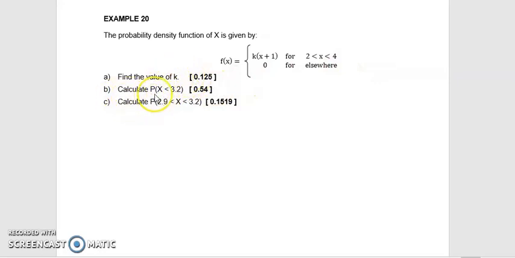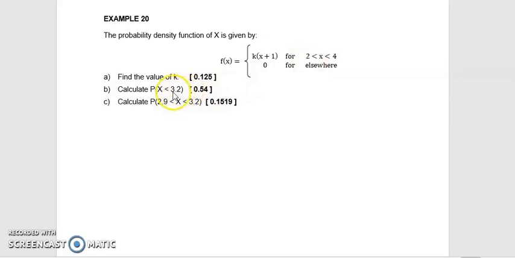B, calculate probability of x less than 3.2. Note here that 3.2 is within this limit, right? So for B, you integrate this function. Once you get value k, substitute value k. So integrate this function with limit from 2 until 3.2. So in this question, lower limit is 2, upper limit is 3.2.